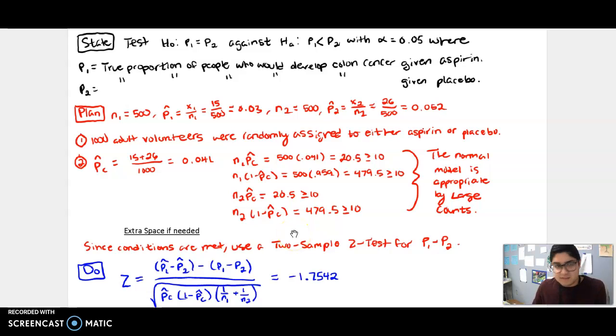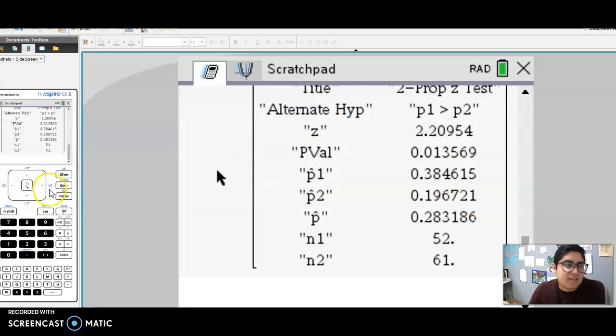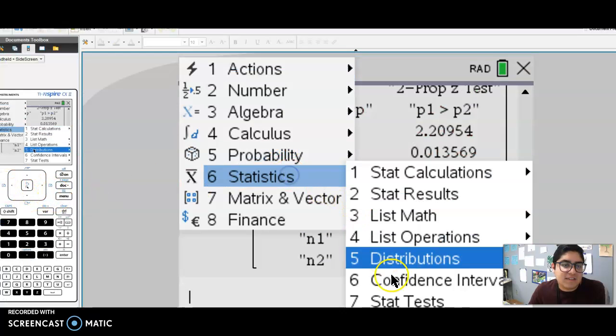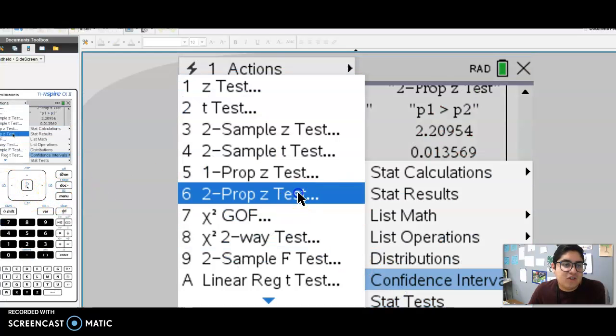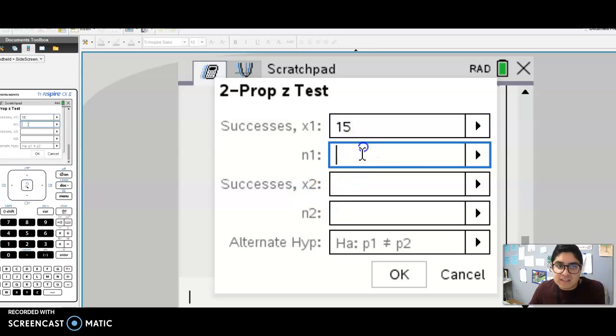Next up, I will go to the do step here. And let's see, it looks as though we did P1 is less than P2, so I want 15 out of 500 and 26 out of 500. If I were to type this into the calculator again, I'll go menu, statistics, stat test, 2-prop z-test, so I have 15 out of 500, and then 26 out of 500.